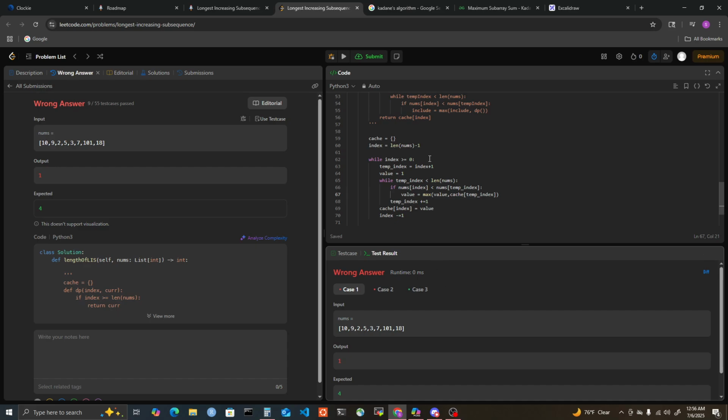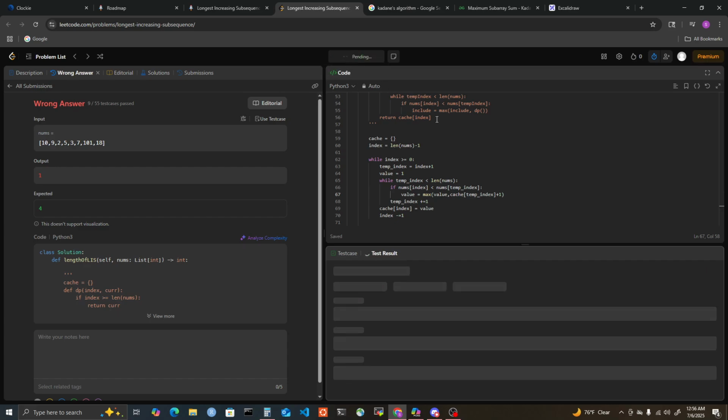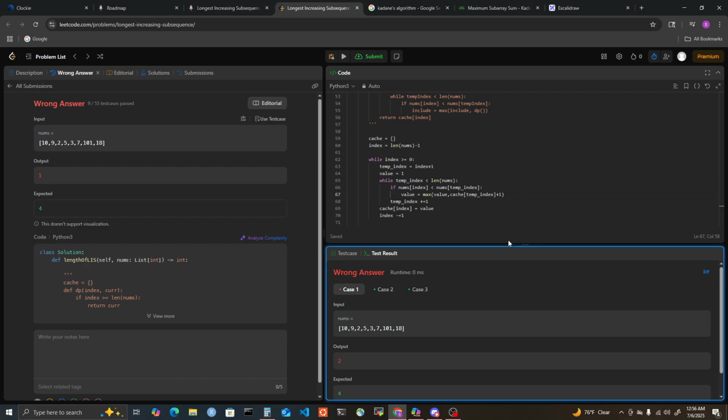I don't know. I don't know. Like, I actually... I don't know. Yeah, plus 1. This hurts me, man. This genuinely hurts me, having to be stuck on this problem for a fucking hour.